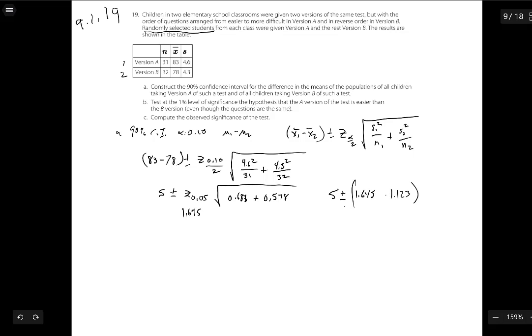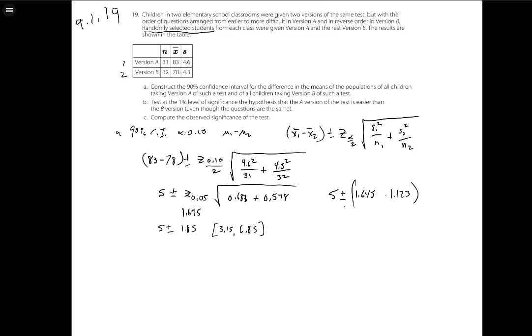So this will be 5 plus or minus 1.85, or our confidence interval of 3.15 to 6.85. So there's our 90% confidence interval for the difference of these 2 sample means.